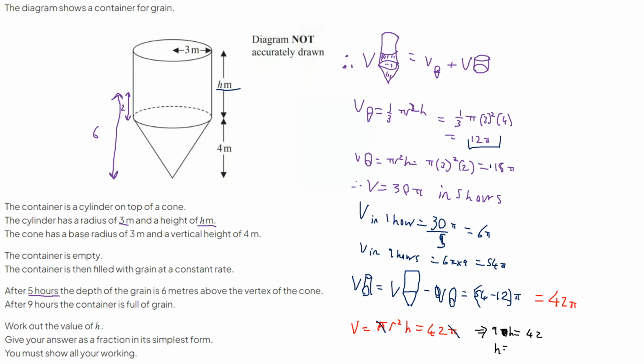And so therefore h is equal to 42 over 9, which is equal to 14 over 3 meters. Make sure you remember your units. And so therefore this is our final answer.